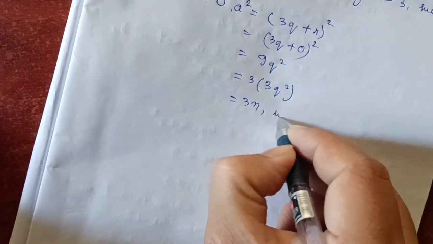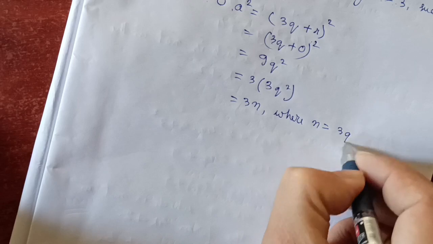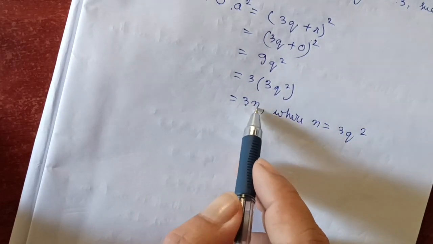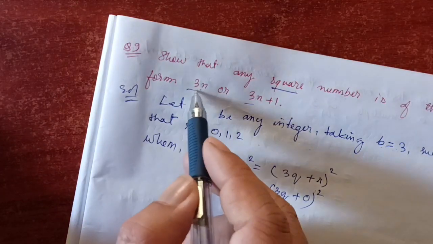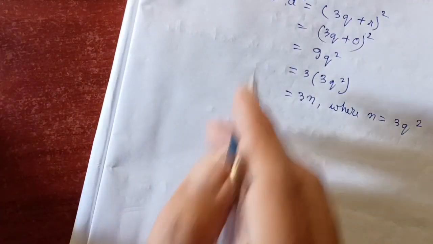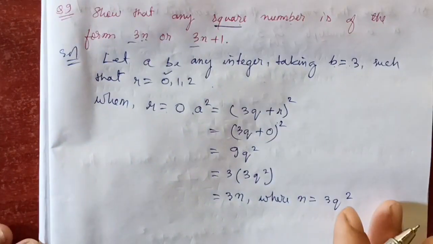So you can mention here where n equal to 3q square, so we get 3n. The question says that we will get 3n, so we get 3n. So it's very easy. So 0 is finished, right?